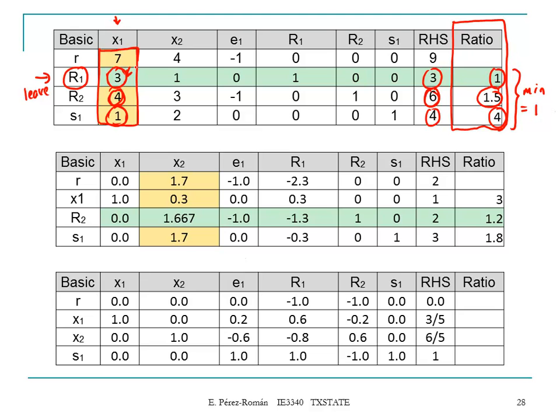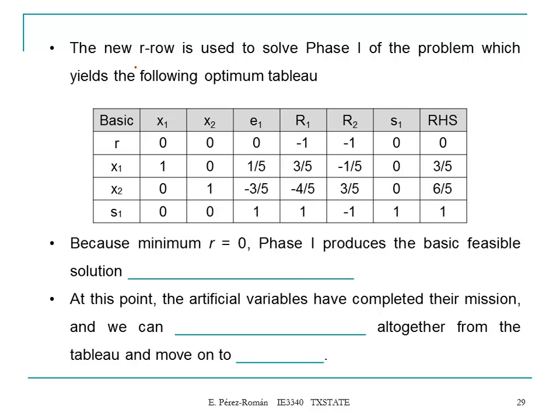So now let's proceed with phase 2. The simplex method is used to solve phase 1 of the problem, which yields the optimal tableau, represented here in this tableau. Because the minimum R equals 0, phase 1 produces the basic feasible solution x1 equals 3 over 5, x2 equals 6 over 5, and s1 equals 1, which is coming from the optimal tableau right-hand side.